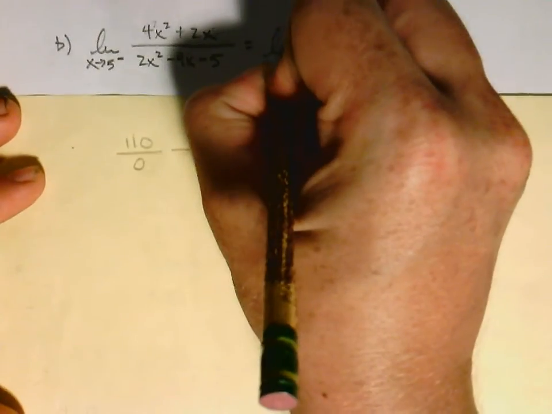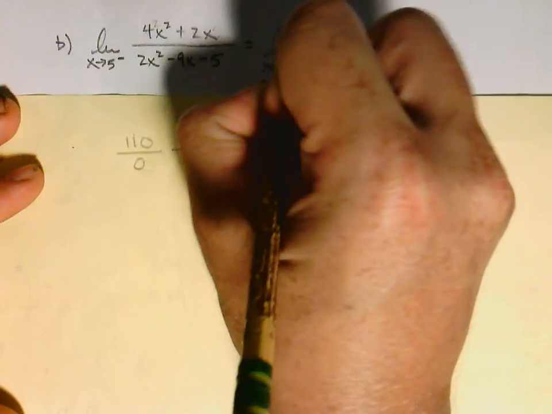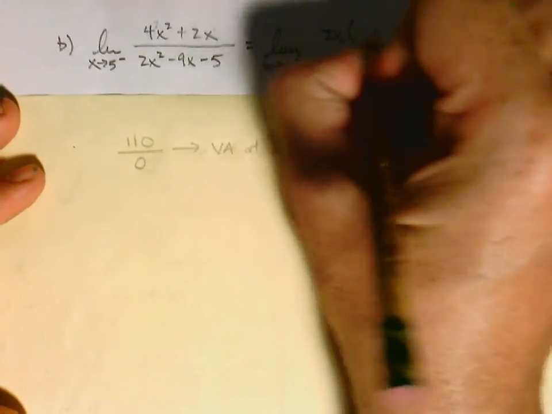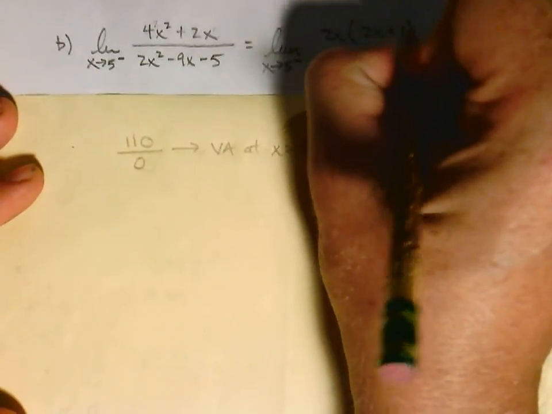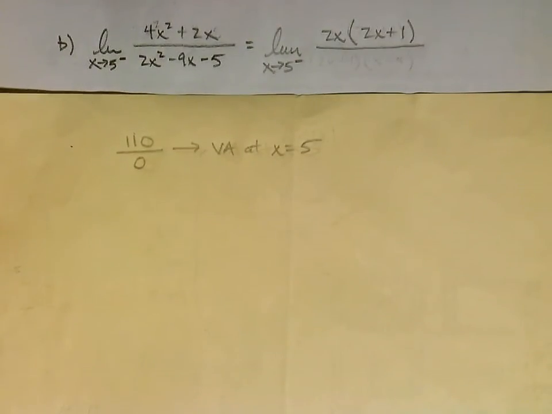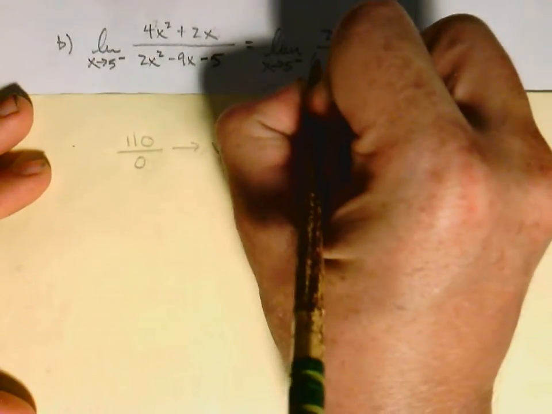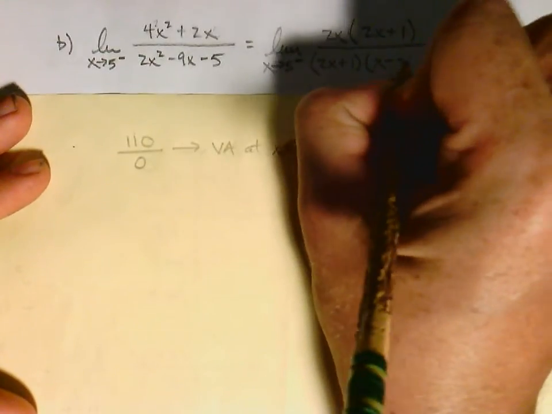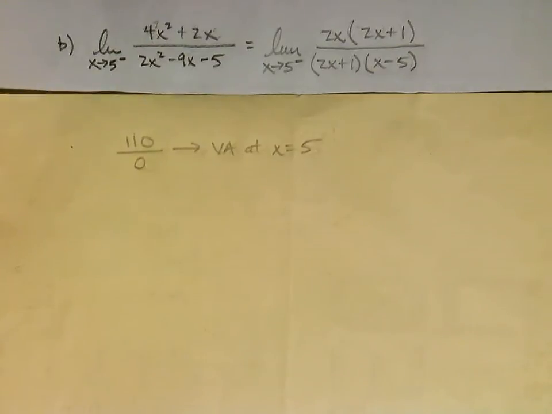So you may notice, if I copy this part, the numerator we can factor out a 2x, leaving behind 2x plus 1. The denominator factors pretty nicely, 2x plus 1 and x minus 5. And it might take you a moment to do that factoring, but that's how it would play out.